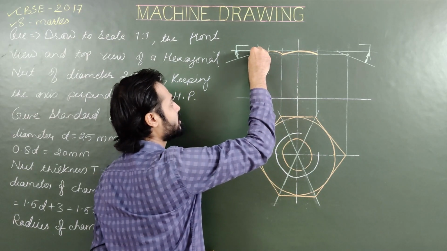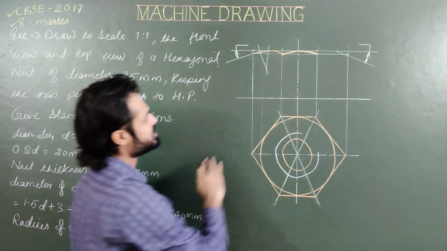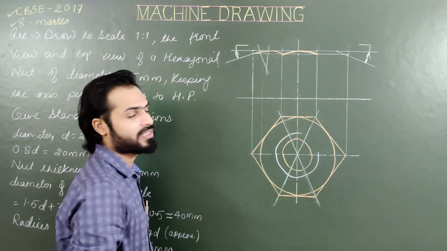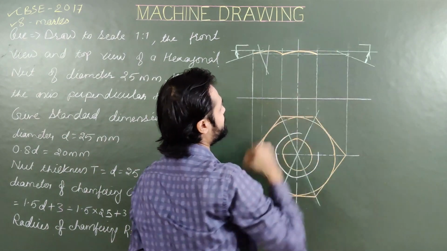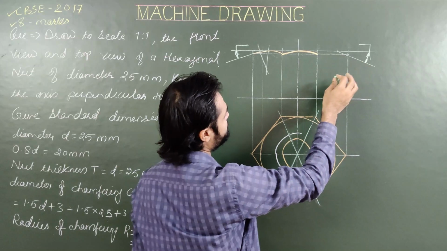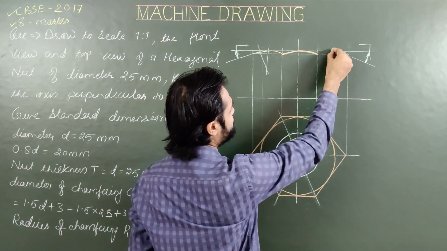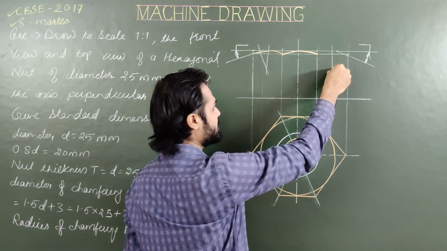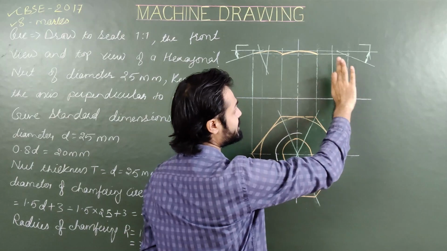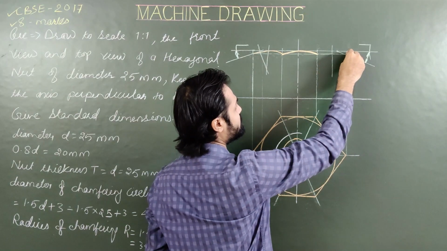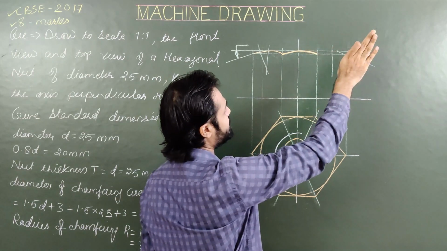Draw the upper arc like this. Again repeat this process for the extreme right face, but it's my request, please go for the approximate method. What is the approximate method? Just find the midpoint of this side, draw a vertical line like this, and try to find a suitable radius and center for which these 3 points will be on the arc.